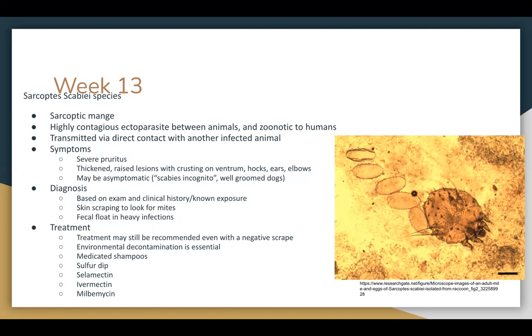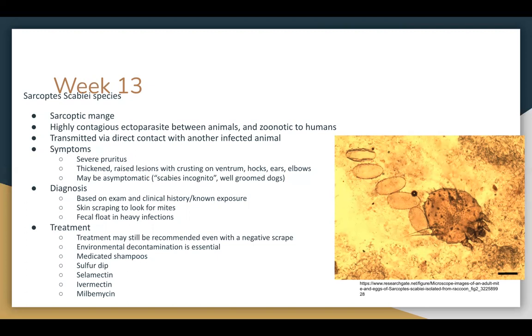Dogs, though, that are well-groomed can be asymptomatic, also known as scabies incognito, just from being groomed, having the lesions and the crusting groomed off of them, so it's not as noticeable as it would be with another dog that wouldn't be getting groomed as often.